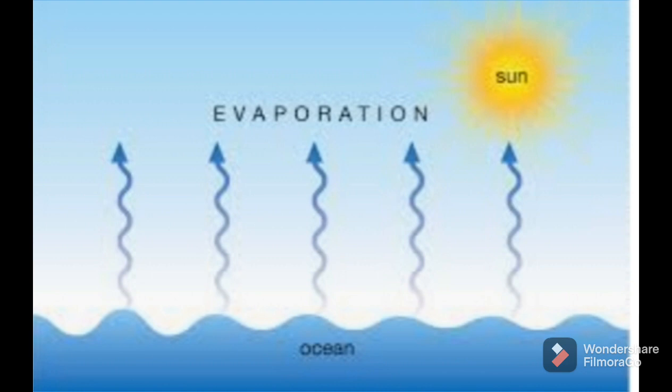So, we have discussed evaporation. What is evaporation? Evaporation is the process of changing water into water vapor below its boiling point. Because of sunlight, all the water from oceans, ponds, lakes, and rivers gets evaporated, and these water vapors escape into the air.